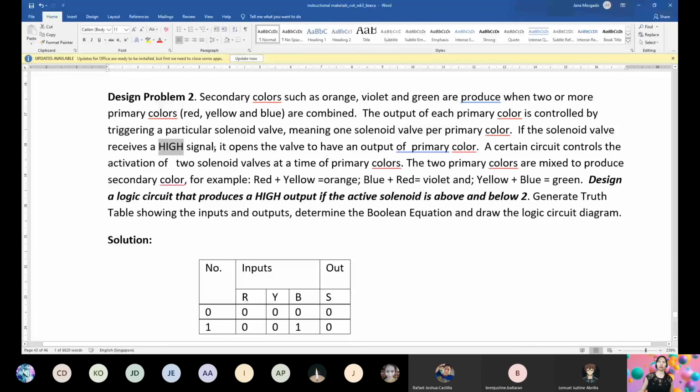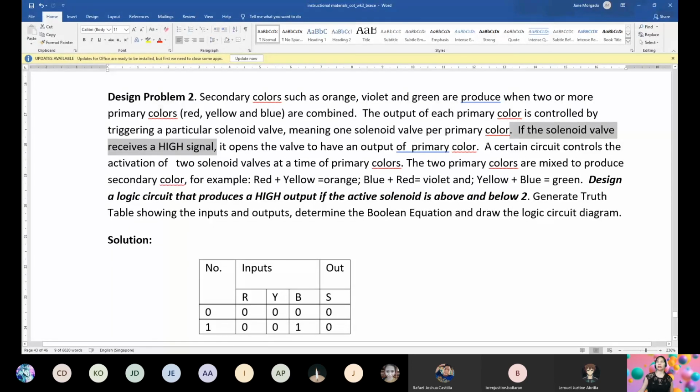Does it pertain to input or output? Input. Yeah, input yan, di ba? So if the solenoid valve receives a high signal, meaning the input is 1, it opens the valve to have an output of primary color. Magkakaroon ka ng output if it receives a high signal.